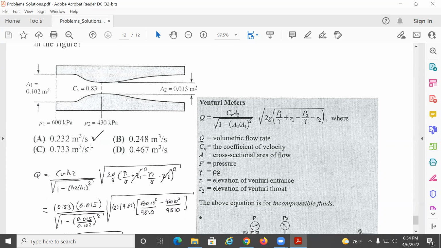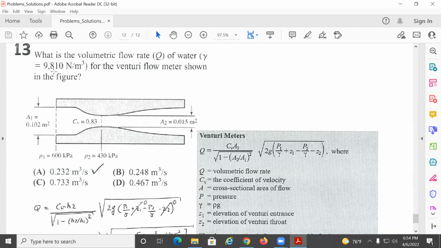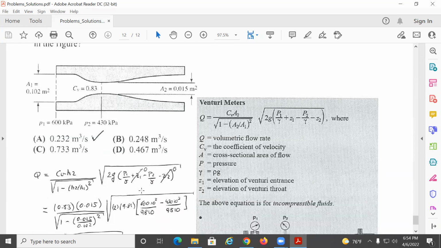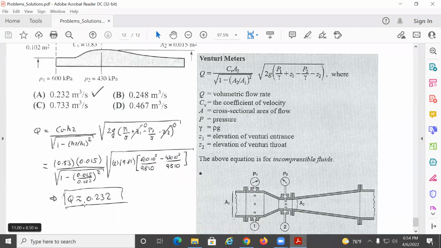Gamma is the same, which is 9,810. And now you have P2, which is given to you to be 430, divided by the same gamma. So after this long calculation, you get that the volumetric flow rate is equal to 0.232.